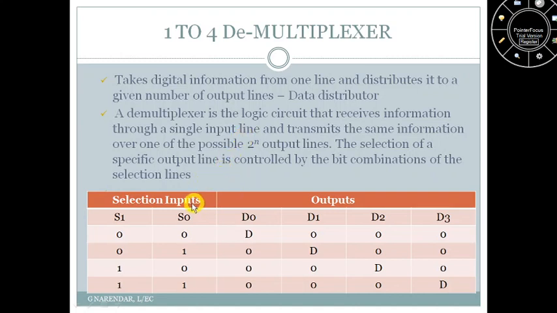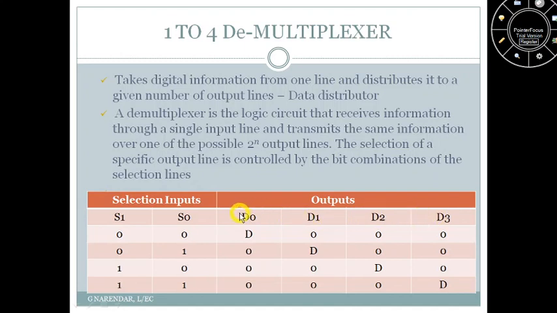Let the designations of those selection inputs be S1 and S0, and say the outputs for the demultiplexer are D0, D1, D2 and D3, the 4 outputs.